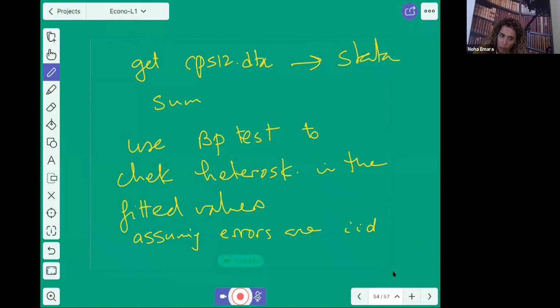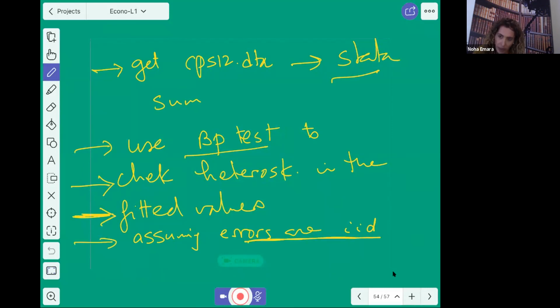So write this down because I'm going to remove my iPad. I'm going to share with you my Stata file. So you're going to get your CPS 12 DTA into your Stata. I want you to use the BP test. I'm going to open my do file so that you can just replicate. I want you to check if we have heteroskedasticity. We have different versions. I'm asking you to do it in fitted values, assuming errors are independently, identically distributed.